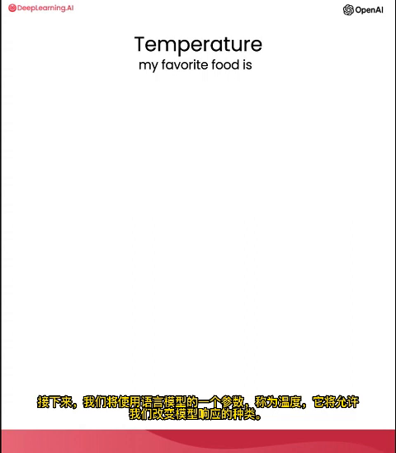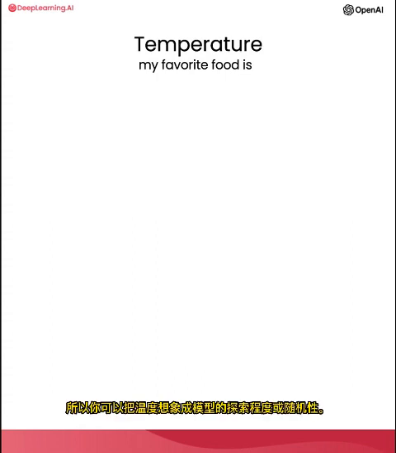Next, we're going to use a parameter of the language model called temperature that will allow us to change the variety of the model's responses. So you can think of temperature as the degree of exploration or randomness of the model.